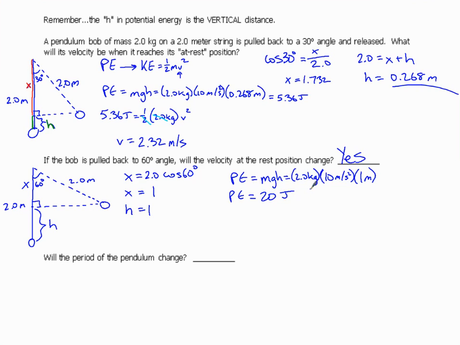This is its potential energy. It's also its kinetic energy at the bottom. So 20 joules, 1/2, and we know the mass, kilograms, and we're looking for the velocity. Again, those will cancel out. So we have v squared equals 20, and the velocity equals 4.47 meters per second.